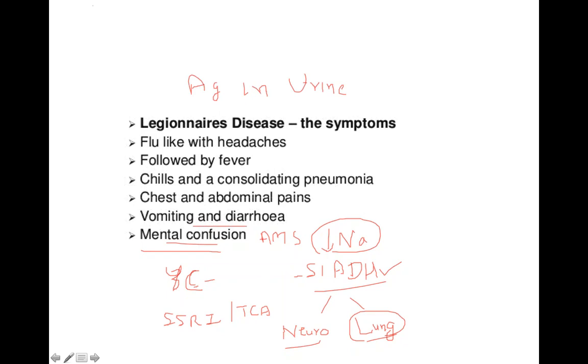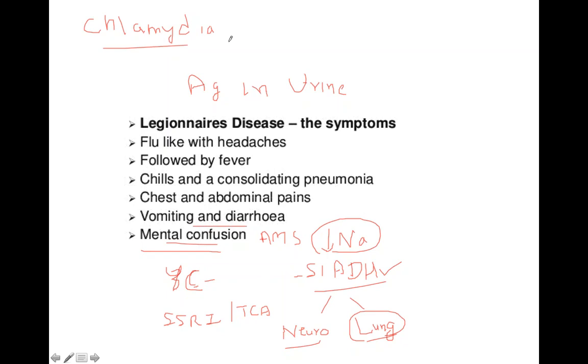Next we have chlamydia pneumonia. It mainly occurs in vets, poultry farmers or bird raisers, and there is a triad of meningoencephalitis, splenomegaly, and pneumonia.